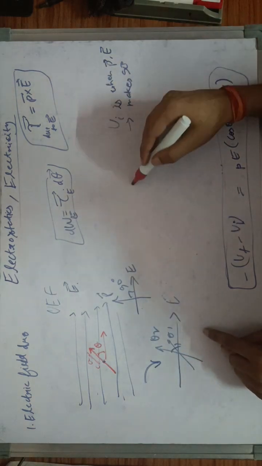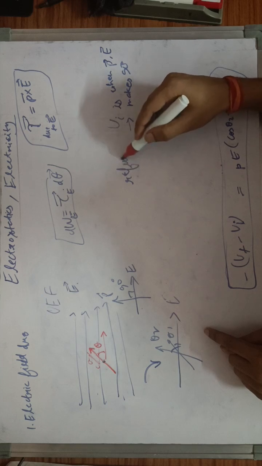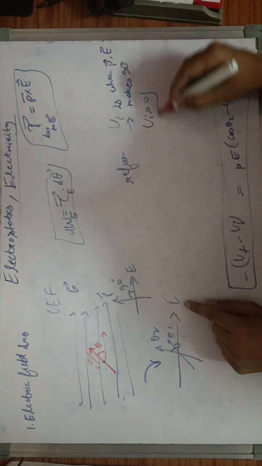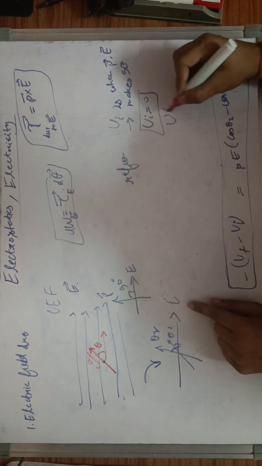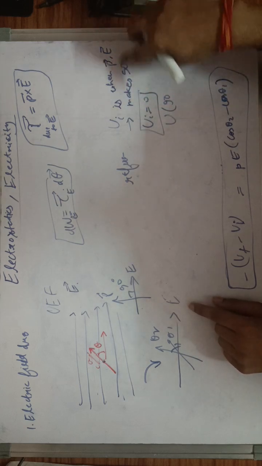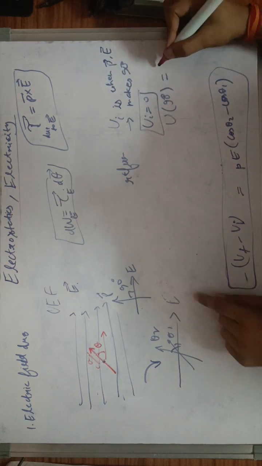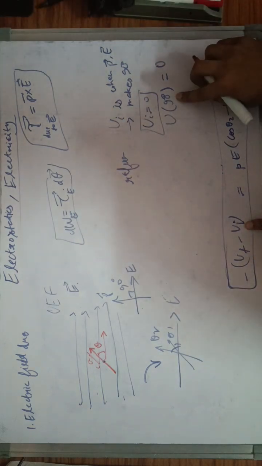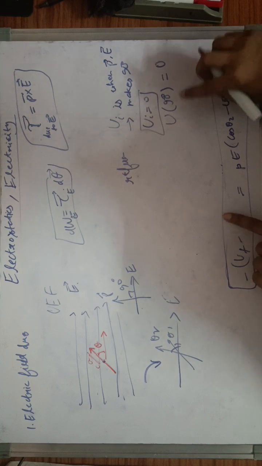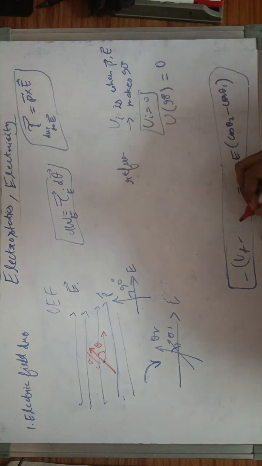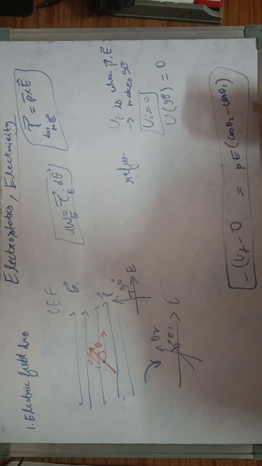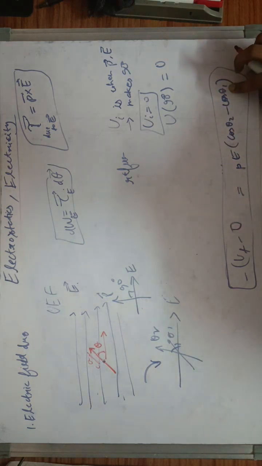In this reference state the U initial value is taken as 0. So U when the angle between these two is 90 degrees is equal to 0. So I can write this as 0 here, and since this initial angle is 90 degrees, this cos term will become 0.